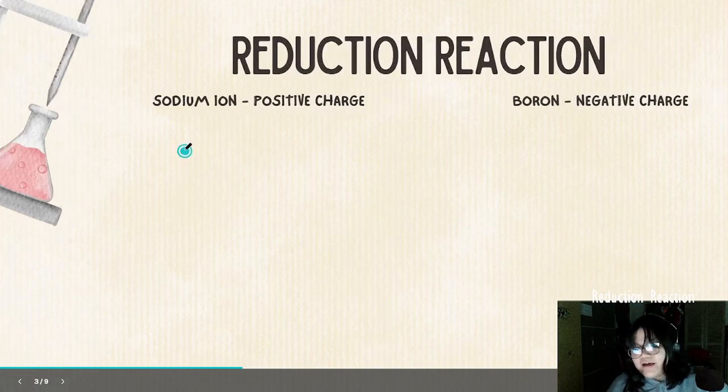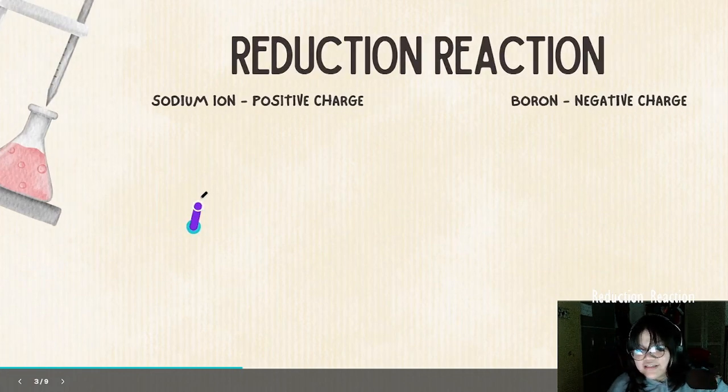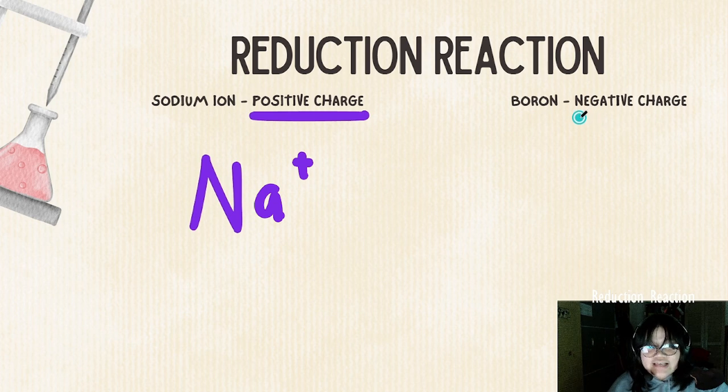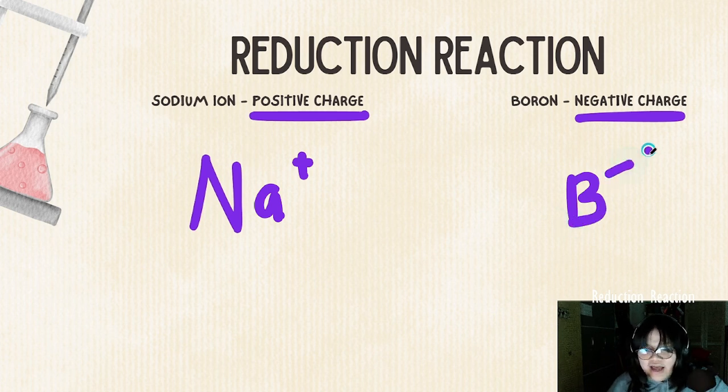The sodium ion has a positive charge. And the boron has a negative formal charge because it is attached to the 4 hydrogen atoms, and hydrogen is more electronegative than boron. So here's the drawing.